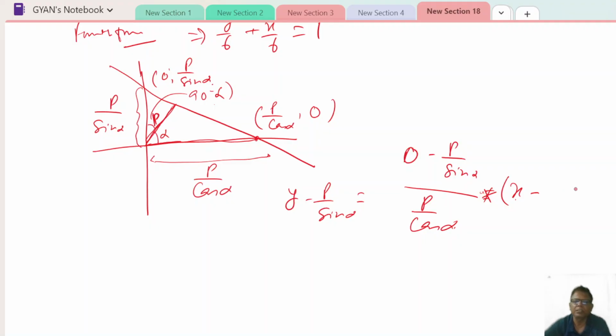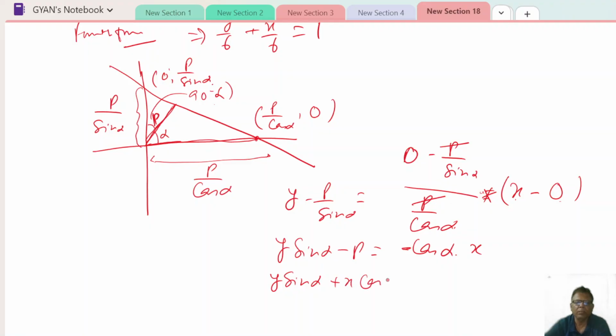So p got cancelled, and this is y sin alpha minus p is equal to minus x cos alpha. So that will be y sin alpha plus x cos alpha is equal to p. This is the fifth form of the equation.